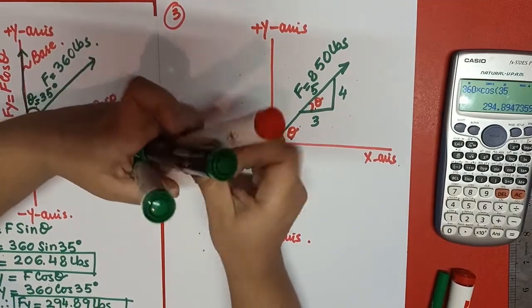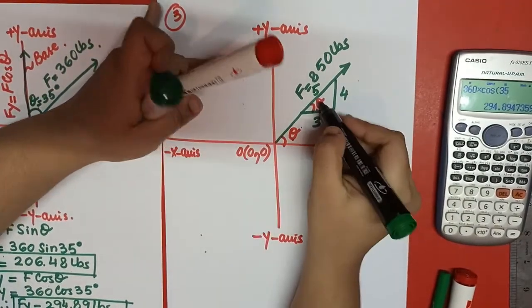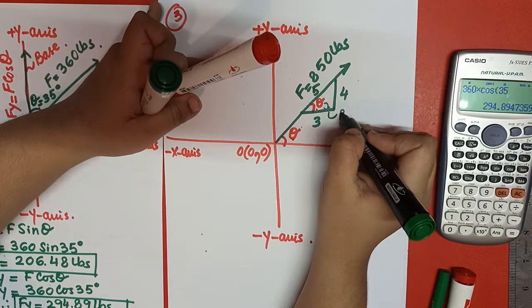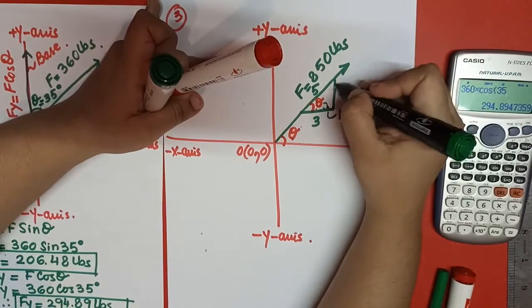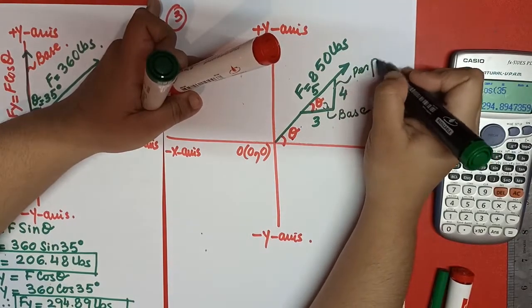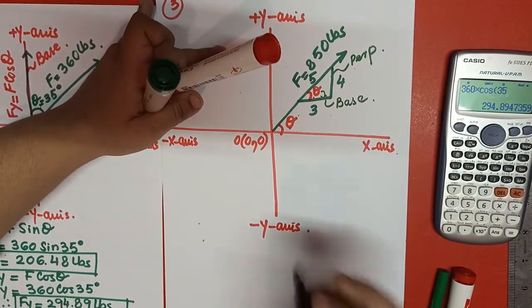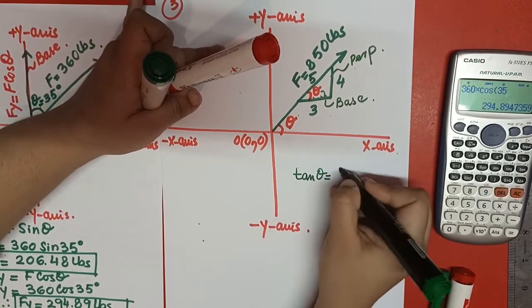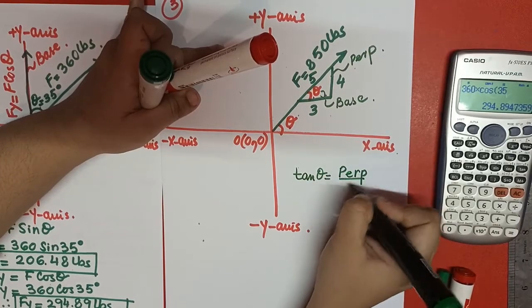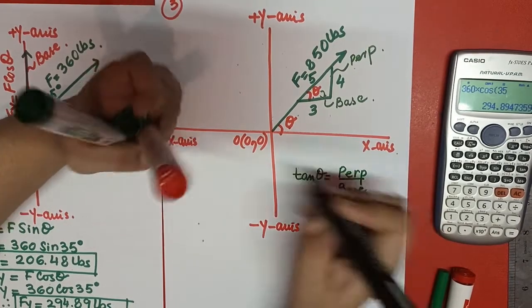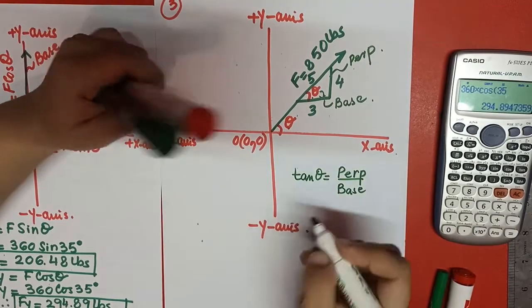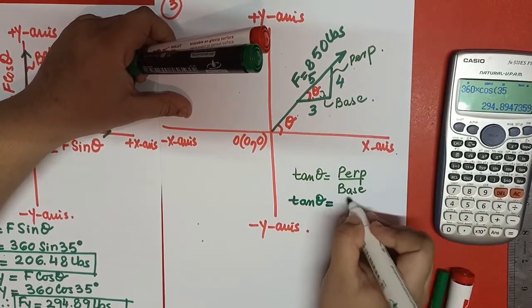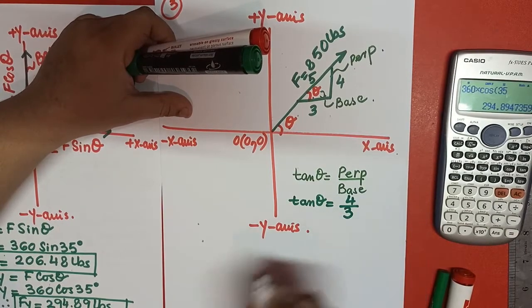So how can I do that? If this is theta, then this is the base and this should be the perpendicular. I can write tan theta equals perpendicular upon base. Perpendicular is this side, so tan theta equals 4 upon 3.